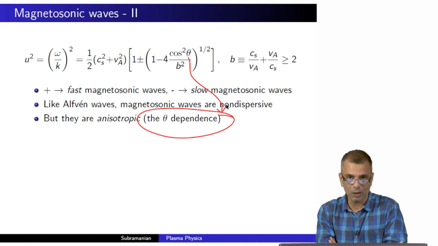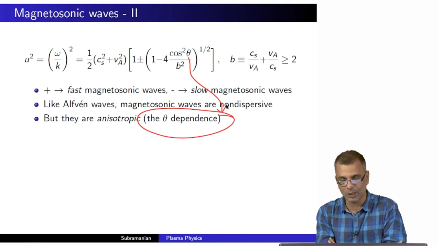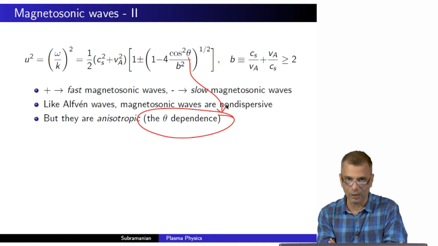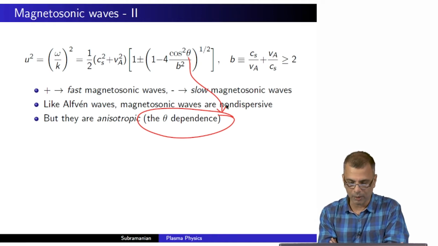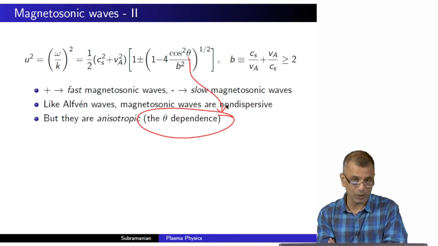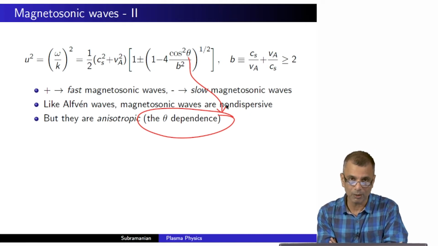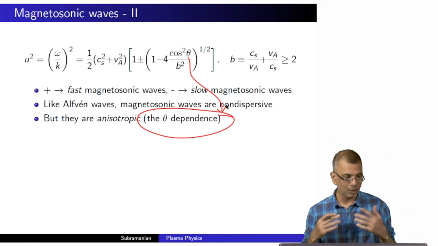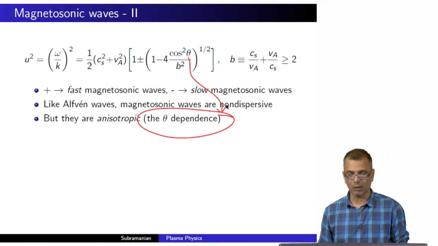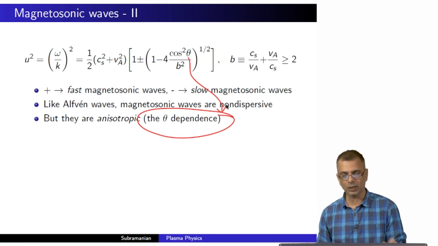That's what having no theta dependence means. But here the direction does matter, which is to say there is a very significant anisotropy, and the anisotropy is introduced due to the presence of the magnetic field. Okay, the magnetic field renders the properties of the medium anisotropic. Okay, so that's one important difference with the sound waves.